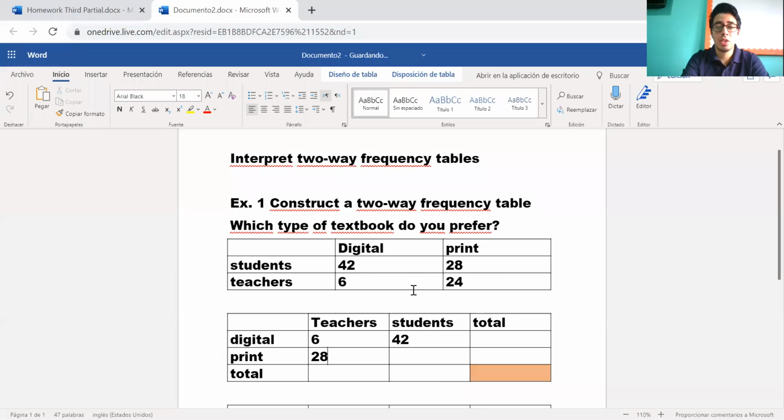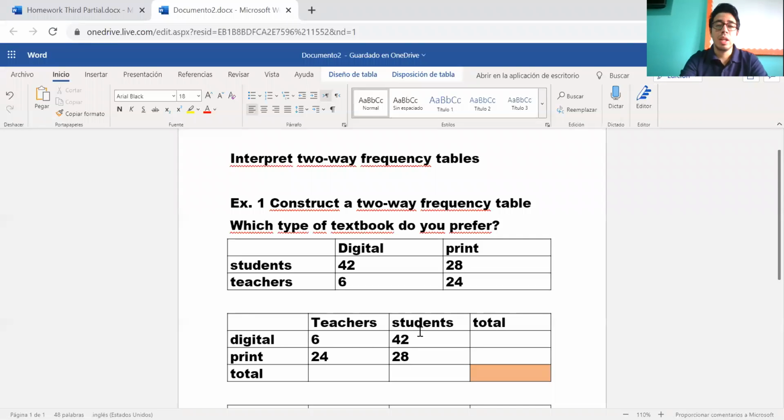And how many teachers prefer the printed book? They are 24. The teachers that prefer the printed book, they are 24. We write it in the other, this is 28.